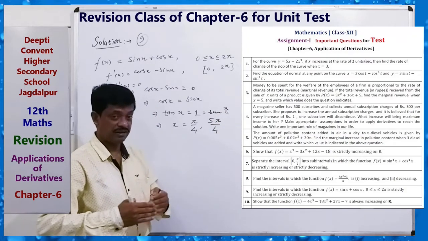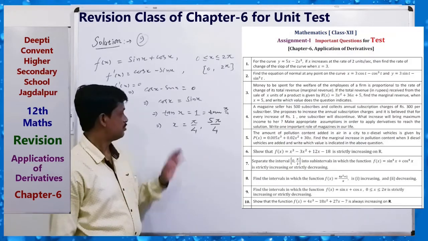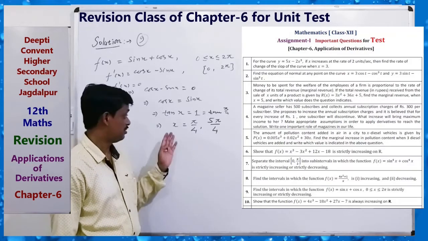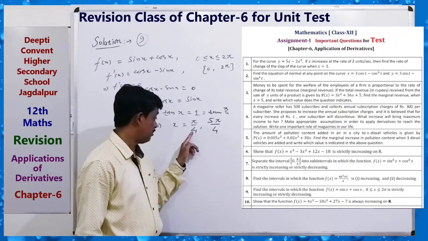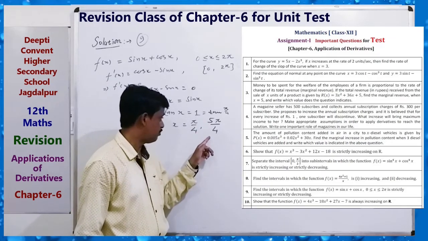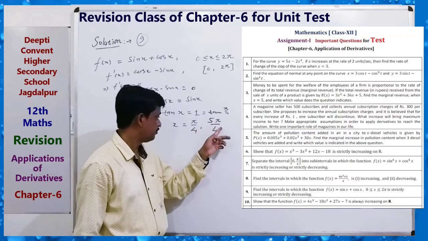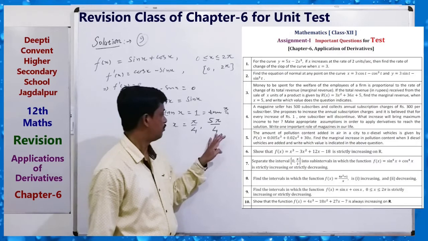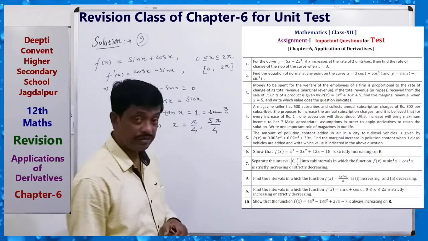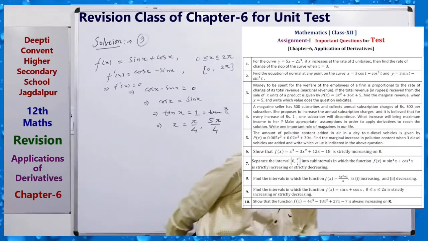But after the interval pi, the function will repeat the value. Therefore pi by 4 plus pi means 5 pi by 4. This is less than 2 pi, so 5 pi by 4 can also be taken as a value.